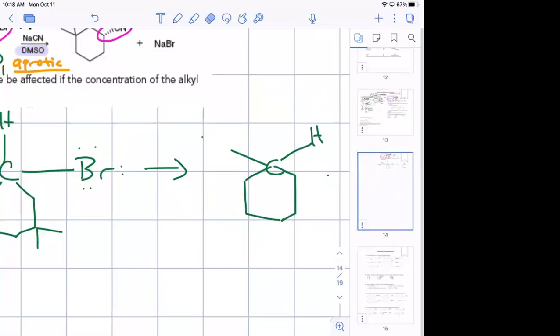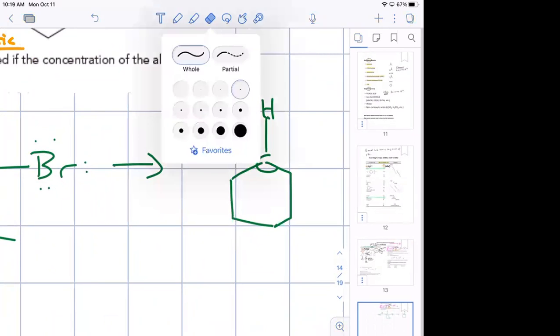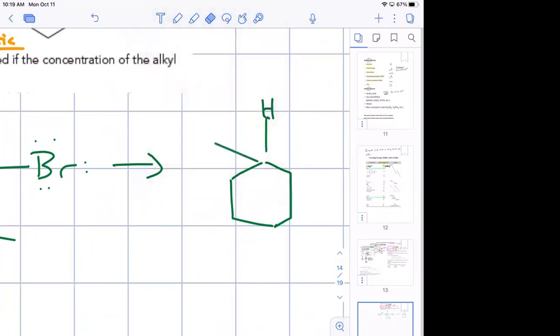So let me keep the H point. And this is just a rough 2D sketch, because in order for me to show it to you in 3D, we'll have to talk about the chair conformation for 6-member rings, and we're not at that point yet.